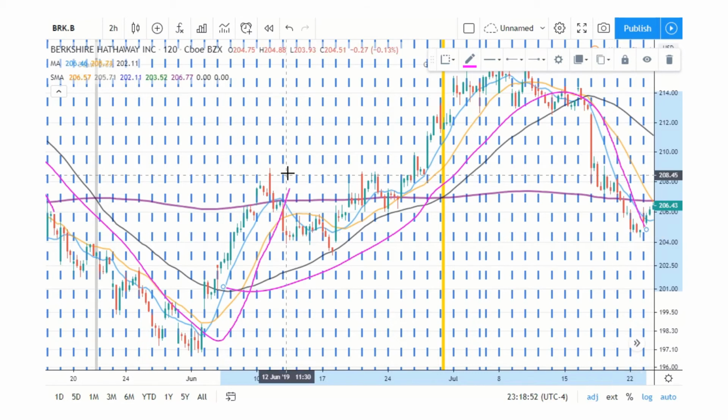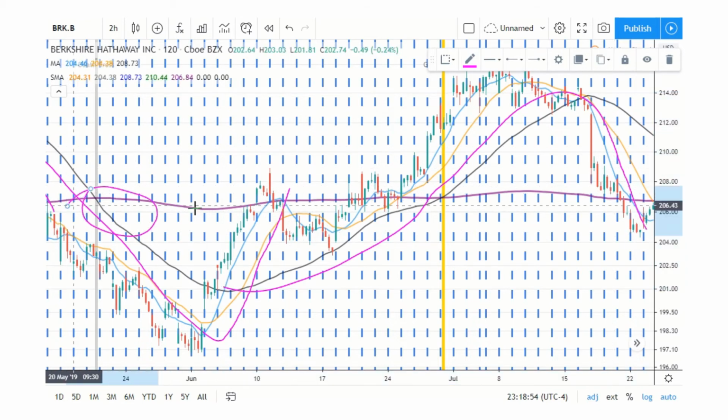So everywhere that you see these little crossing points, that's a good place to enter a trade. Or if you see it's coming into that narrowing range and it's about to cross, it's pretty safe to say you can take that trade, whether it's a call or a put.